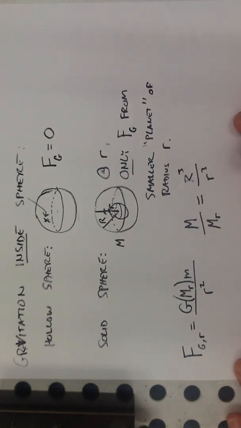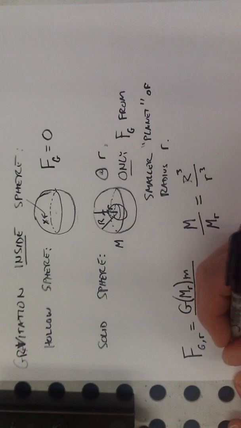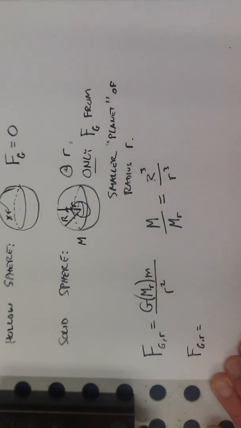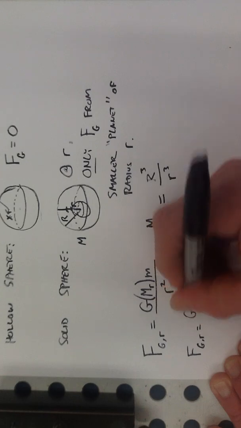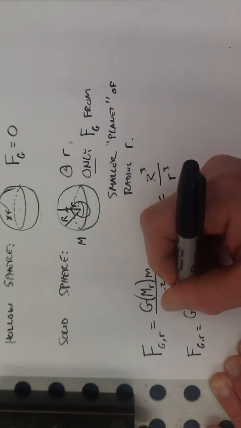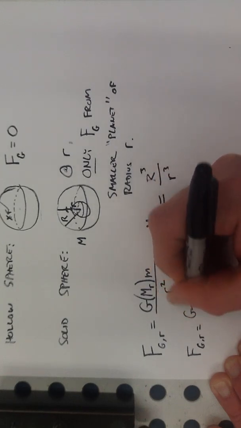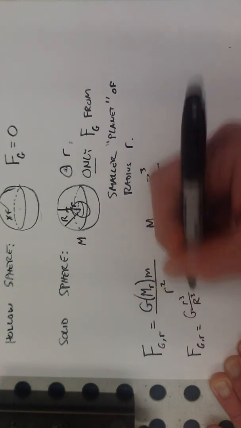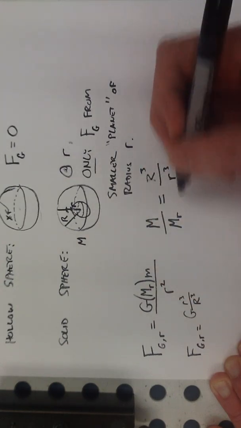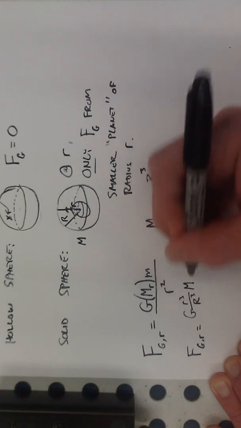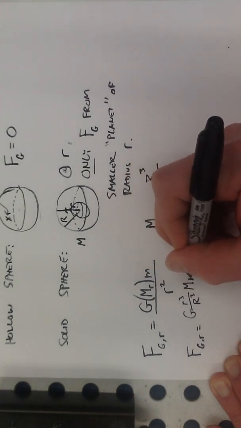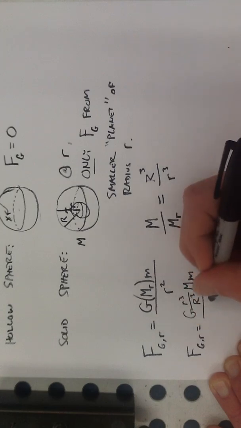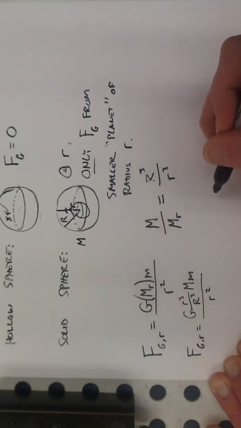Because geometry, three-dimensional stuff. Okay, so that allows me to simplify here and put this in terms of constants. If I cross multiply and do all that, I get G, and then here it would be r cubed over big R cubed times big M, and then that little m is still there, over little r squared.